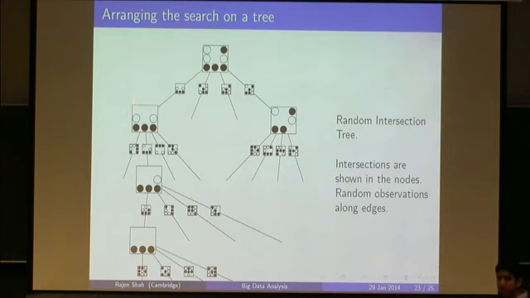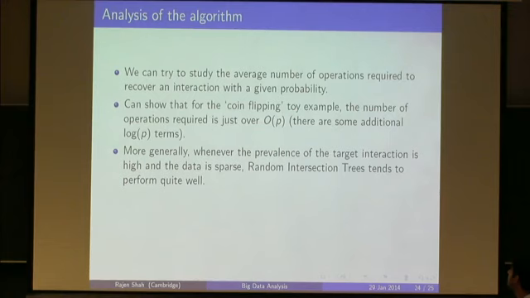As you go down the tree, you have intersections between small sets and larger sets, which is much easier to do. And so we can analyze the complexity of this algorithm, and for example, we can show that in the coin flipping example which we had earlier, the number of computations is actually just of order p, rather than the p squared for a brute force search, if you had to look through all of the different pairs.